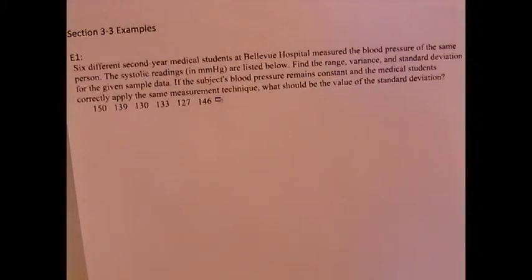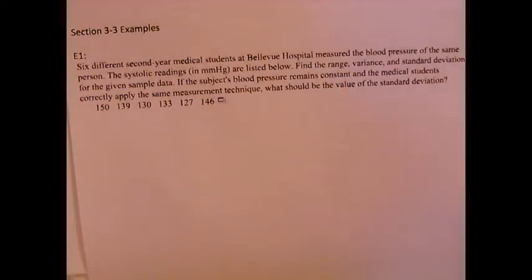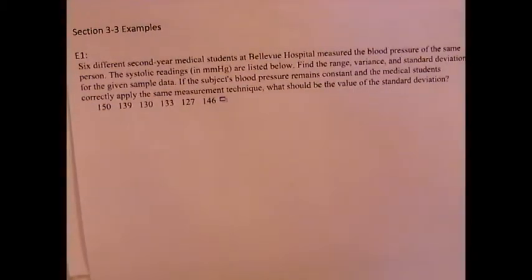And if the subject's blood pressure remains constant and the medical students correctly applied the same measurement technique, what should the value of the standard deviation be? These are the data values that we have: 150, 139, 130, 133, 127, and 146.